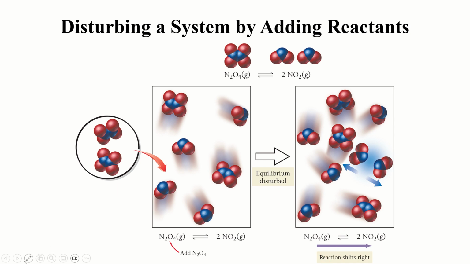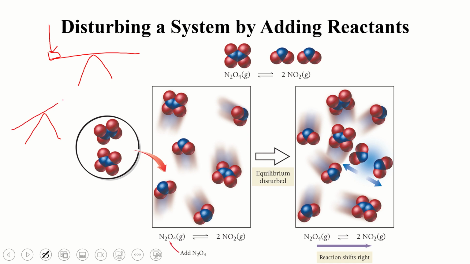And this is what I mean when I say you can think about it like a seesaw analogy. If I had a seesaw that looked like this, with my nice balanced equilibrium, what happened here is that I added some extra weight to the left side. What happens when you add extra weight to the left side? The seesaw shifts like this. Now I want to get back to this balanced state. Which side do I need to add more weight to?